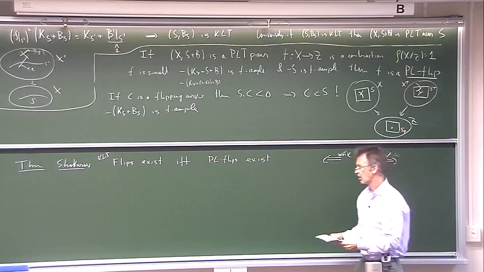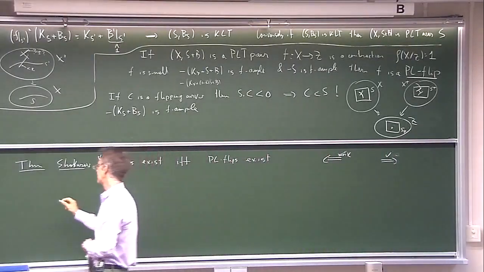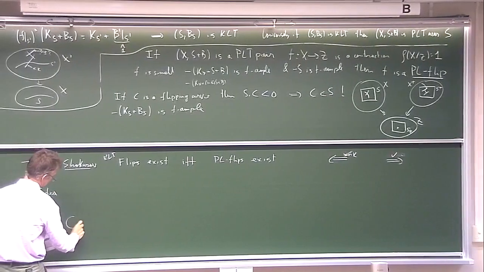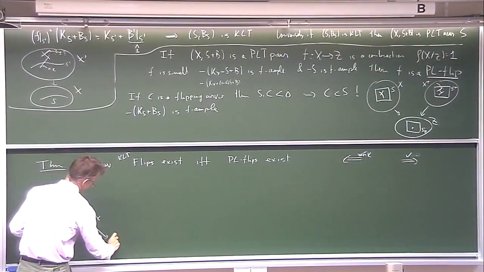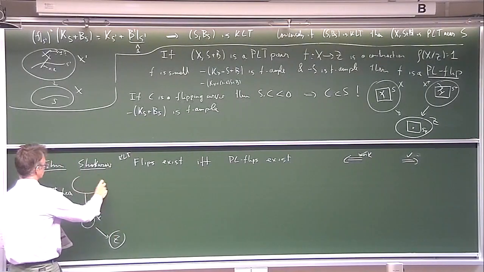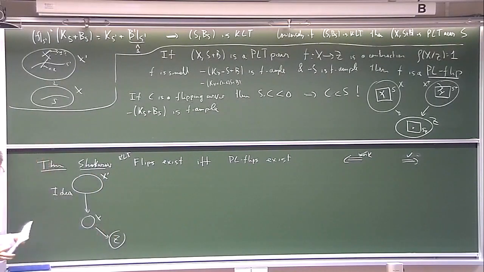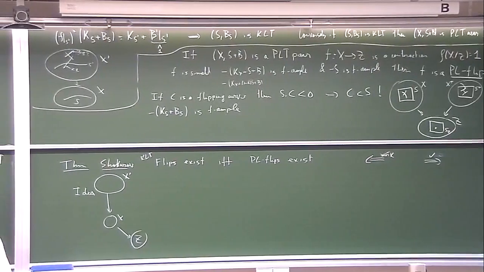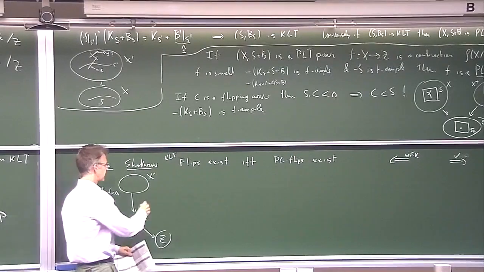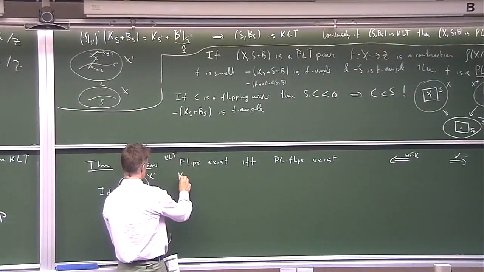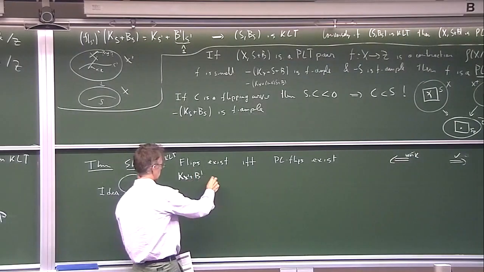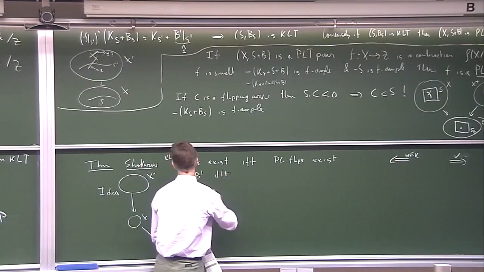So the idea is, you have this nice flipping contraction from X to Z. You pass to some log resolution, some interesting log resolution. Then you find some auxiliary pair, KX prime plus B prime. This will be a DLT pair.